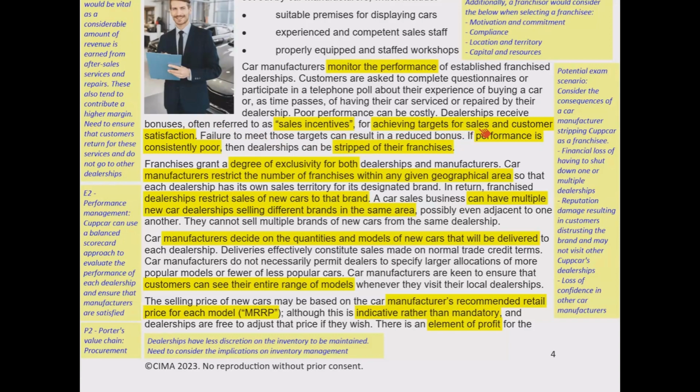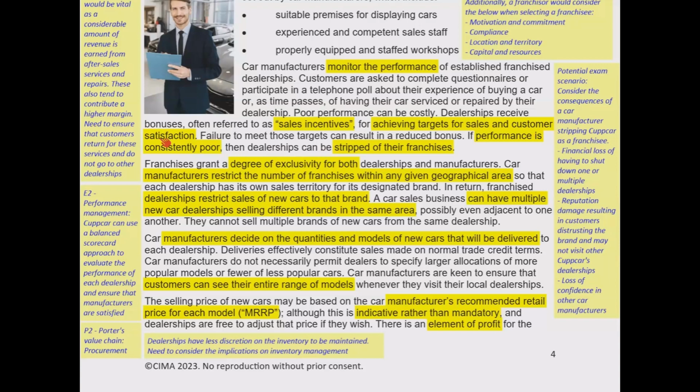If they hit certain targets for the number they sell and perhaps for the revenue they generate from selling those cars, they're going to receive from the car manufacturer some form of bonus known as a sales incentive. Also, it points out there that there could be incentives for customer satisfaction. Again, the car manufacturer gives a bonus to the dealer for achieving certain levels of customer satisfaction.